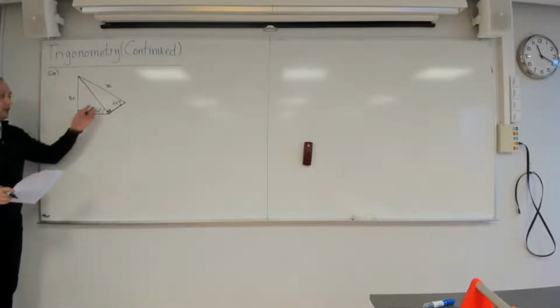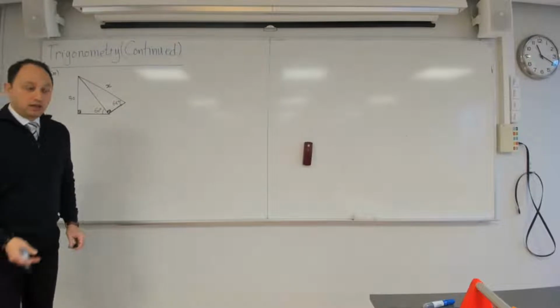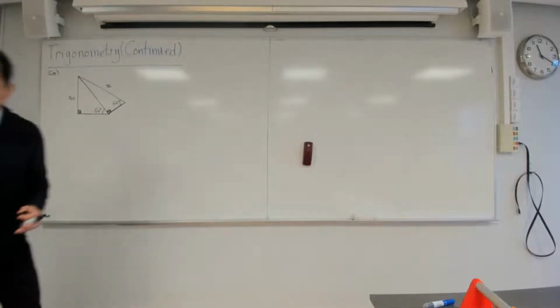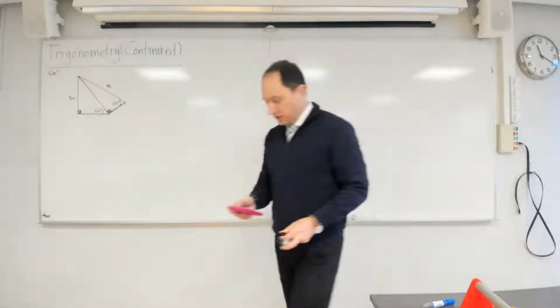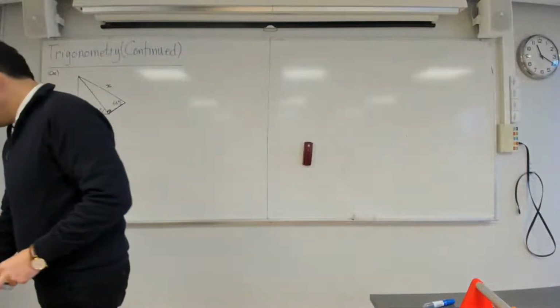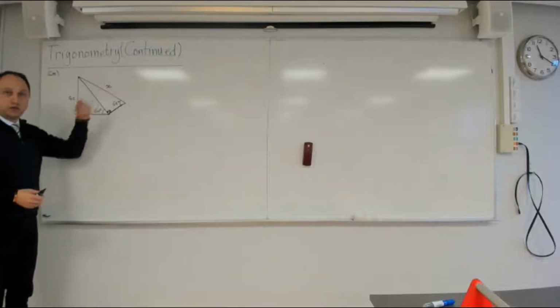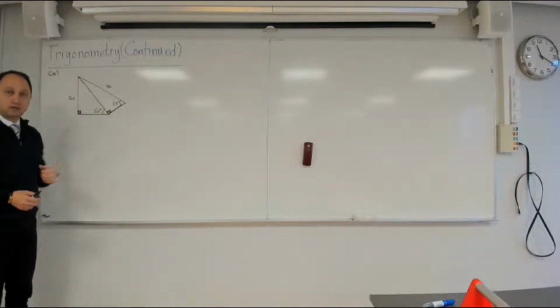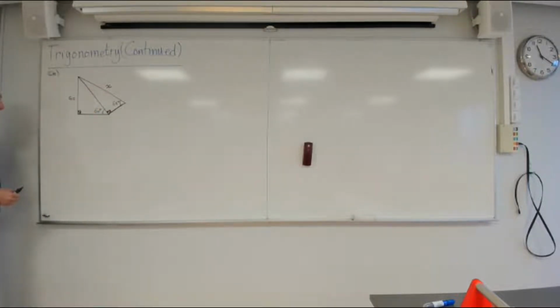By looking at this picture, of course I need my calculator to be able to answer. If you remember, we were supposed to answer x in 1 decimal place, so round it up to 1 decimal point.